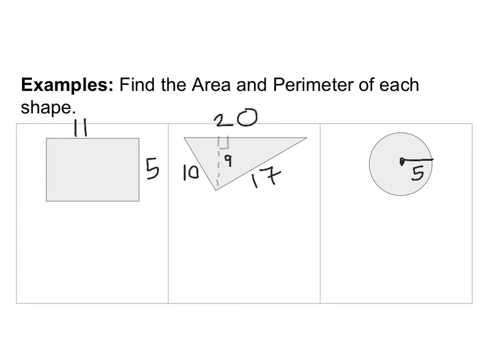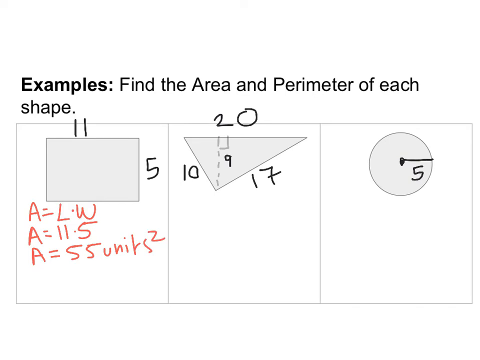All right, so let's start with area of the rectangle. We know that area is length times width. I encourage you to always start by writing out the formula you're using. It's a great way to show your work. So area equals 11 times 5. So area equals 55 units squared.